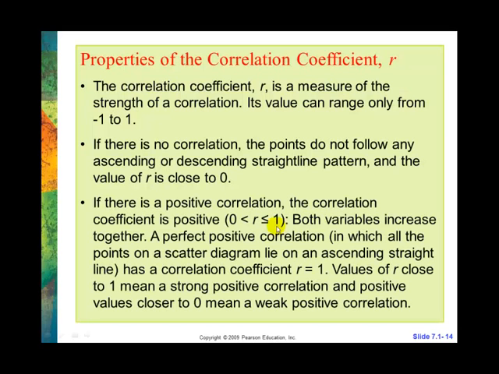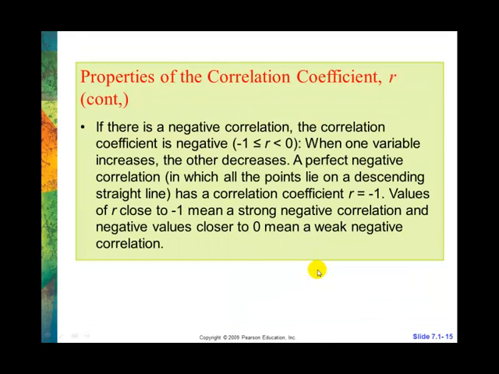And here they're saying positive correlation goes between 0 and 1. Both variables are increasing together. A perfect positive correlation means it's a straight line and has an R value of 1. A negative correlation is between -1 and 0, and one increases while the other one decreases, and a perfect straight line in the negative would be a -1.